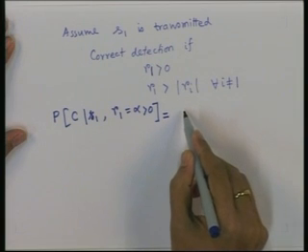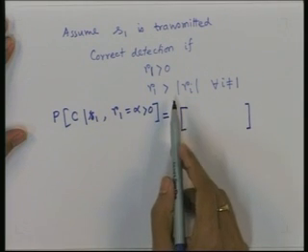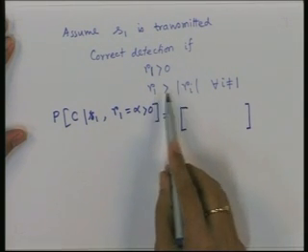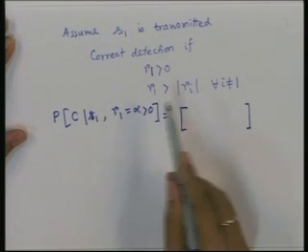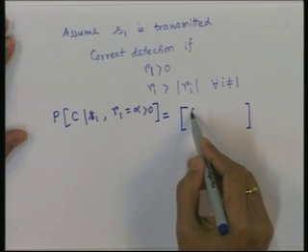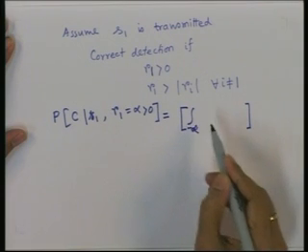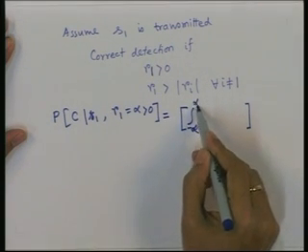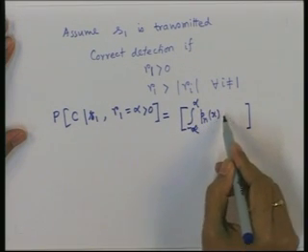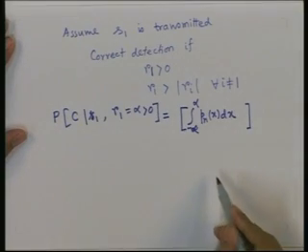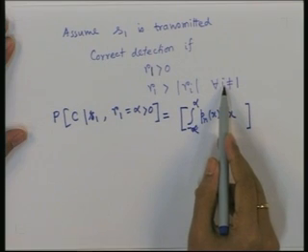So, the probability of their being less than R1 factorizes into individual probabilities, because the noise components are independent. So, this becomes the probability of a noise component being such that the absolute value is less than R1, that is the noise component being in the range minus R1 to R1, that is minus alpha to alpha. So, that probability is obtained by integrating the density function of the noise component in the range minus alpha to alpha, and then there are n minus 1 such values of i not equal to 1.